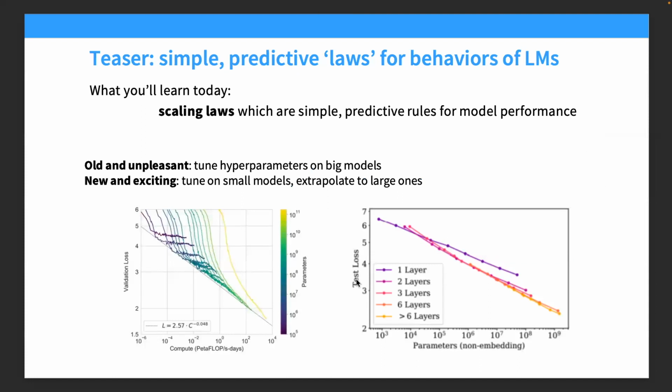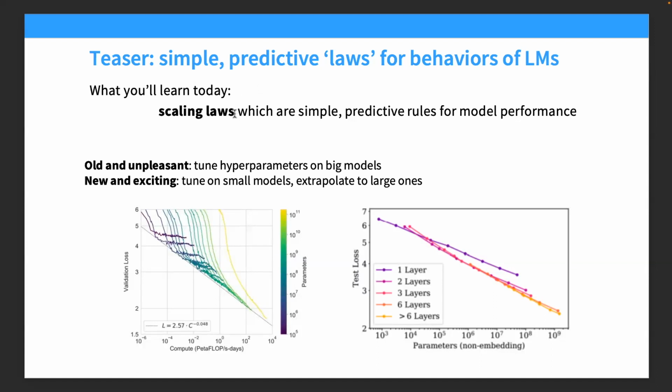Actually, this section is on using simple predictive laws to predict the behaviors of language models. So in this session, most of the use cases for neural networks, or LLMs, are on language models and NLP tasks.